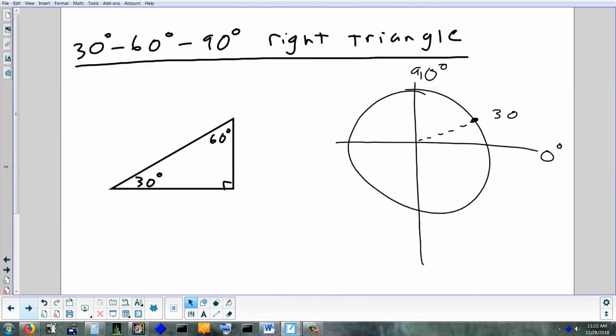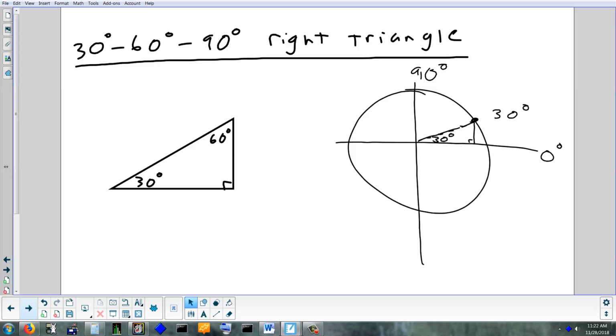That would be about 30, about 1/3 of the way, going counterclockwise in quadrant 1. I'm going to do the same thing. I'm going to make a triangle. The angle between the positive x-axis and the hypotenuse, that's my 30. So the terminal side has been tilted up 30 degrees.